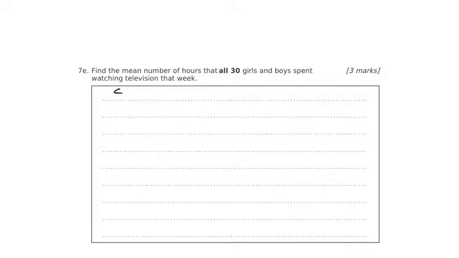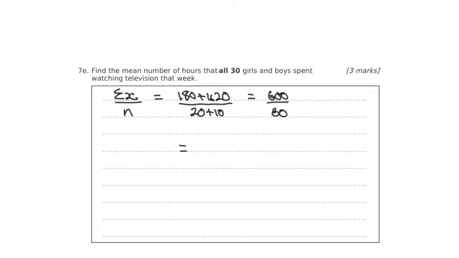So it's the total number of hours over the number, which in this case is 180 plus 420 divided by 20 plus 10, which is 600 divided by 30, which equals 20.